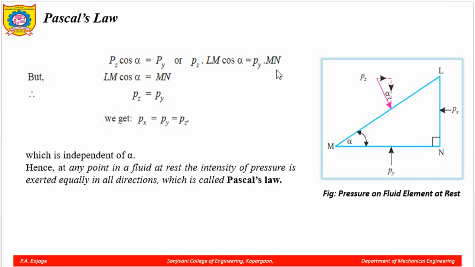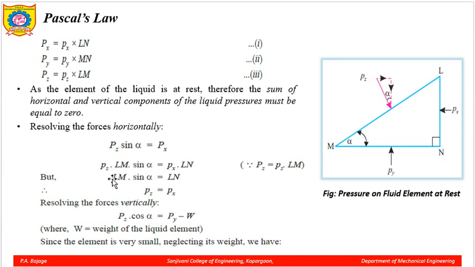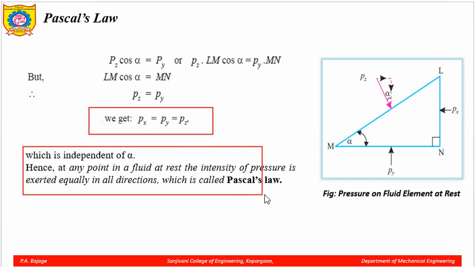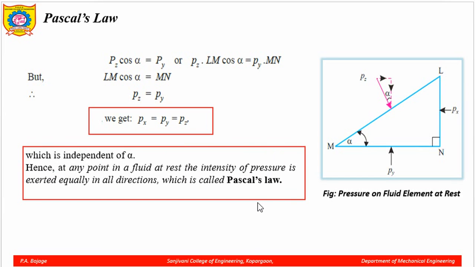So, from both the equations we can write that px is equal to py is equal to pz, because here pz is equal to py and here we have seen pz is equal to px. From these two equations we can say that px is equal to pz is equal to py. And alpha, that is an independent angle we can say, and hence at any point in the fluid at rest the intensity of pressure is exerted equally in all the directions.